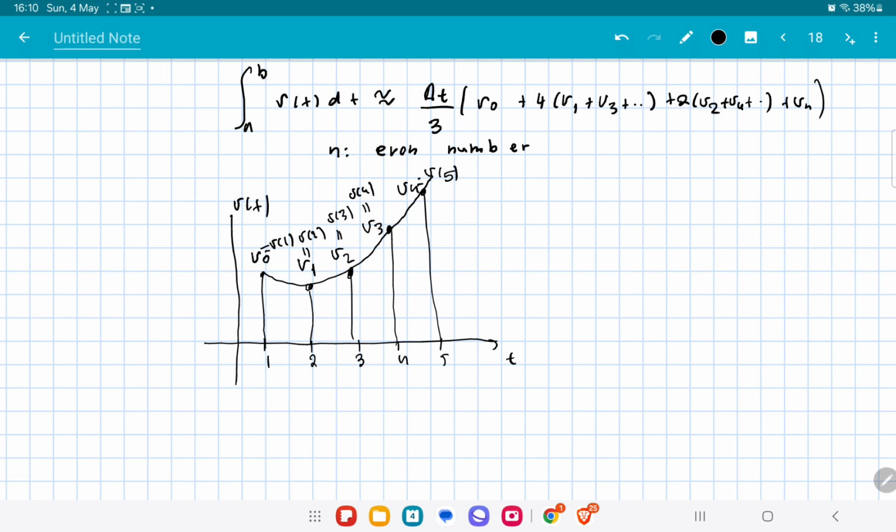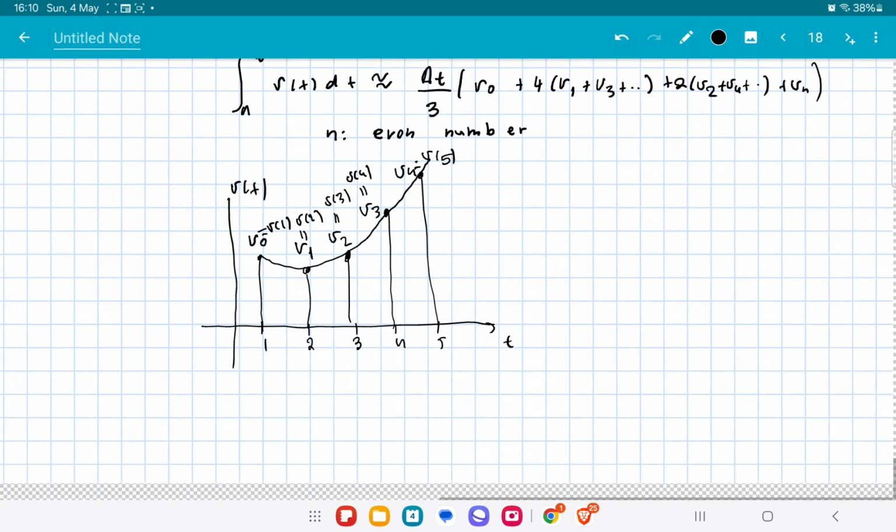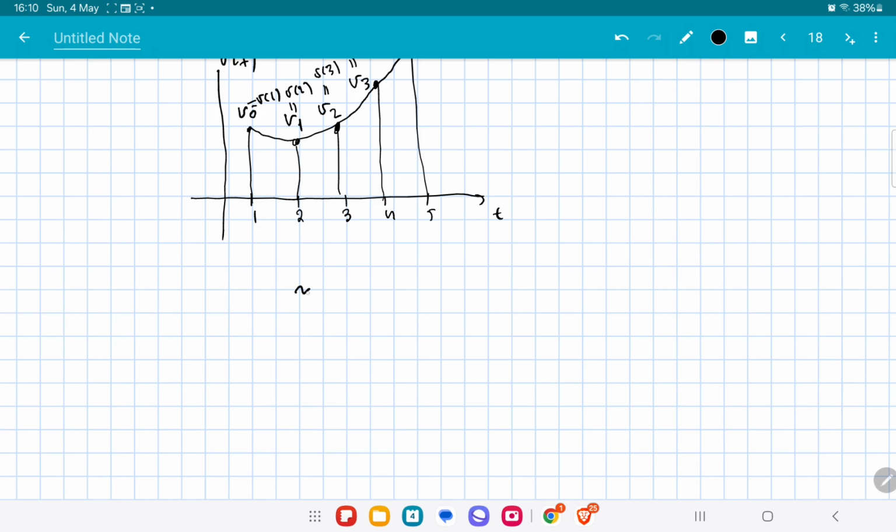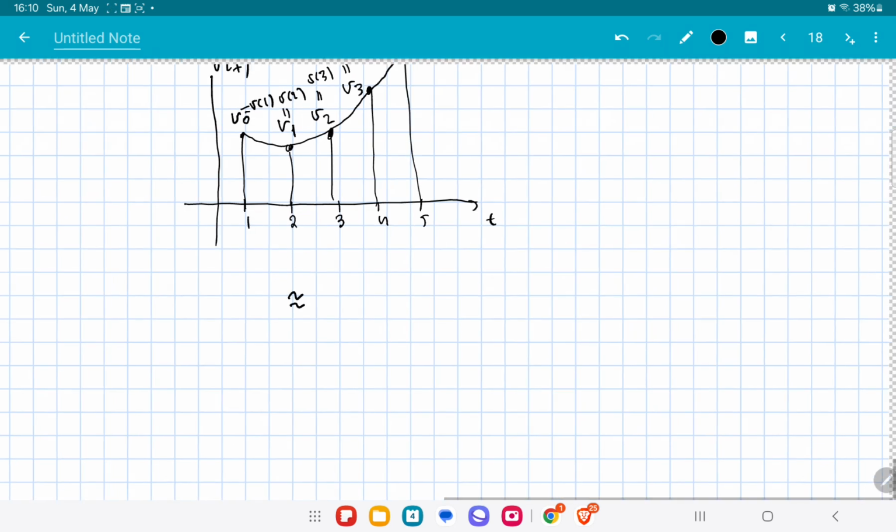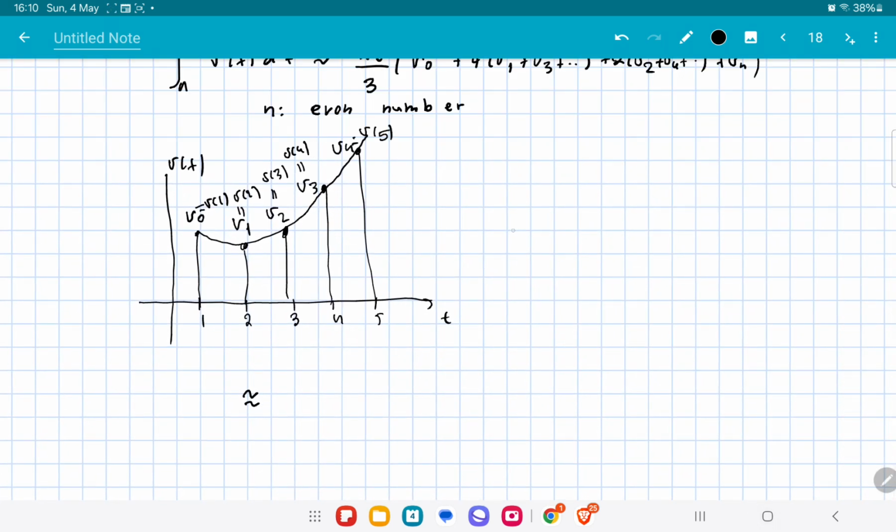So I can write underneath, equals, delta t is b minus a over n. Here I have 1, 2, 3, 4 sections, so the denominator is 4, and I want to integrate from 1 to 5, so it's going to be 5 minus 1. 4 over 4 is equal to 1.